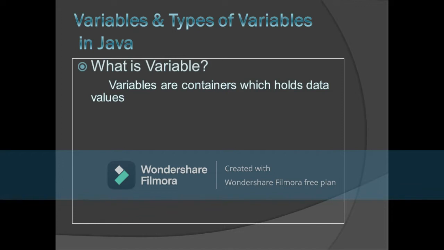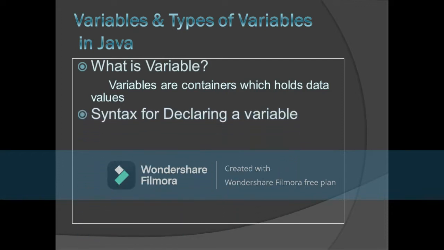In Java, to declare a variable, we have a syntax. For declaring a variable, we should follow this syntax: data type, variable name equals value. Here we want to store a certain value, for example 200.